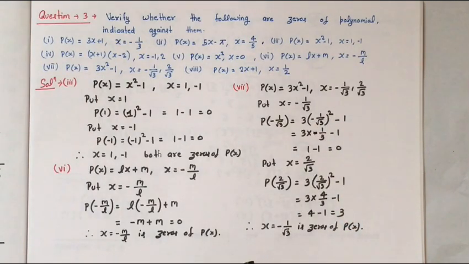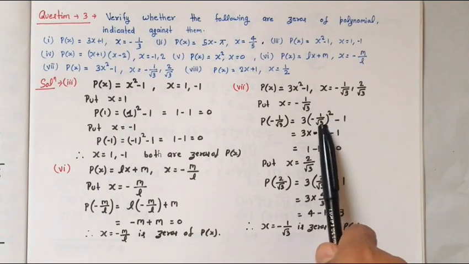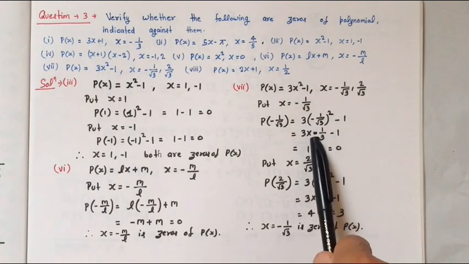I told you many times, if the power of minus is an even number, then the minus will always become positive. And here this 2 is an even number, that's why minus will become positive.